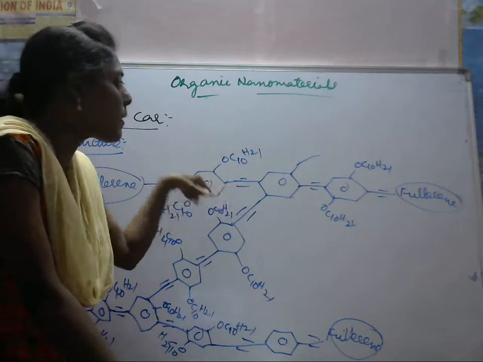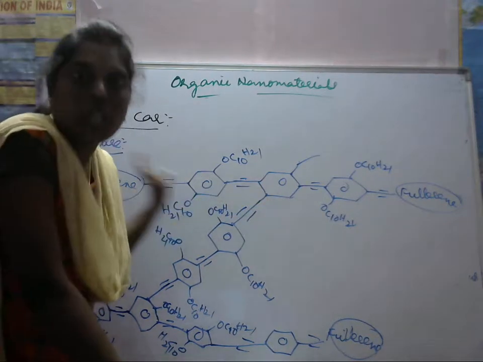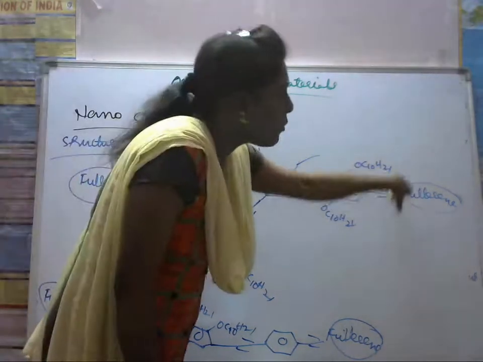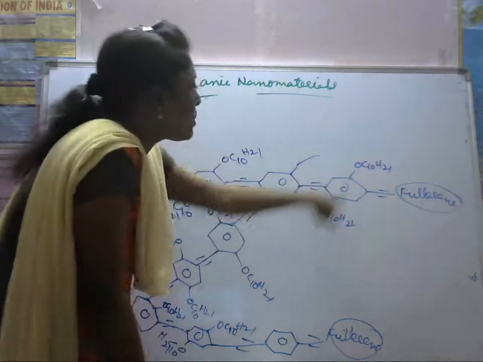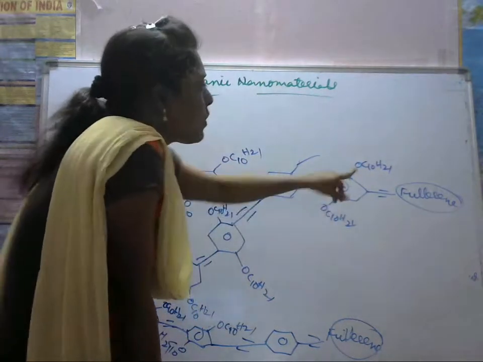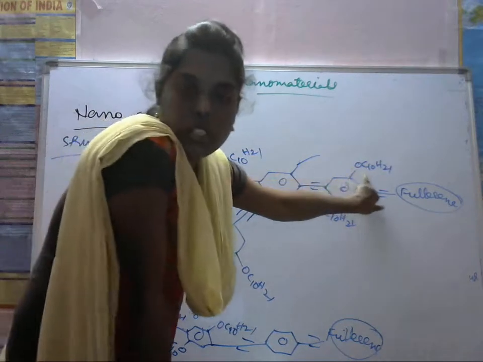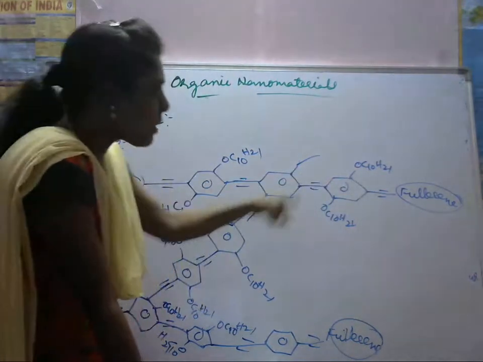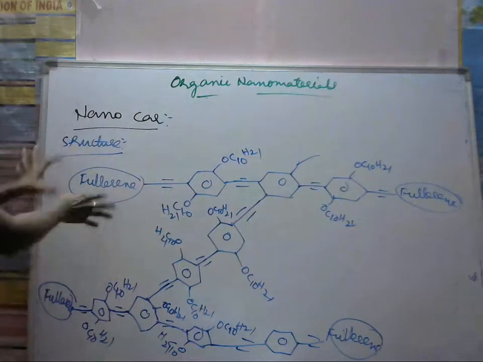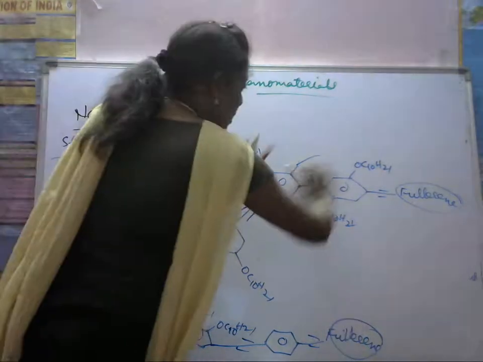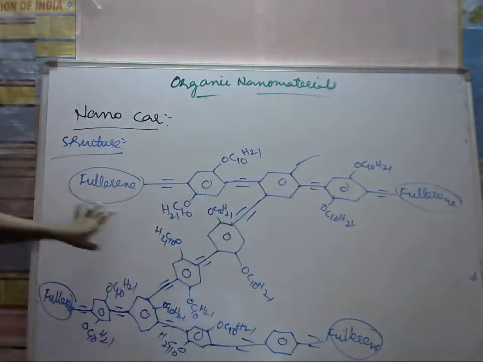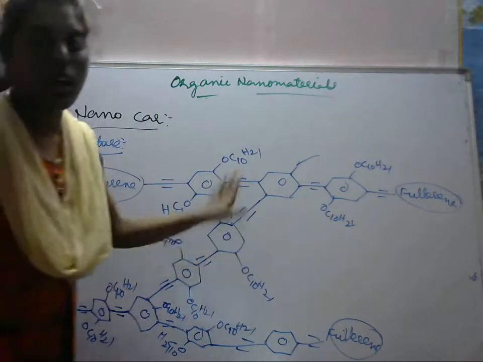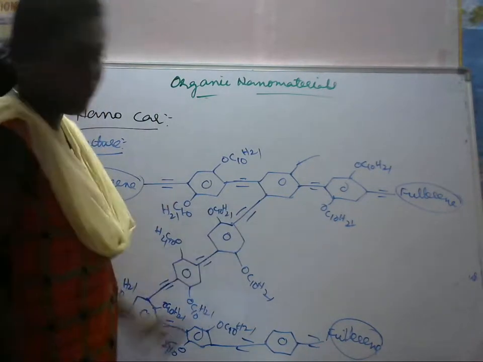This is continuous. At the other end it has a fullerene group. At the para positions, OC10H21 groups are present. Here 1, 2, 3, 4. It looks like a car, so that's why it is called a nanocar.